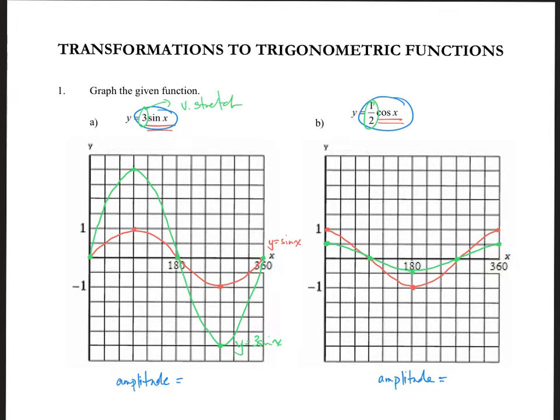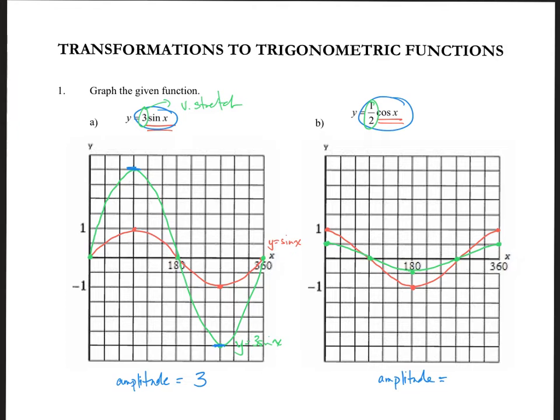Let's pull out some old terminology we should be good with. What is the amplitude of the graph in A? Well, you go all the way up here from a height of 3 down to a height of -3. So the total height of the curve is 6 units. I know amplitude is half of that, so my amplitude is 3.